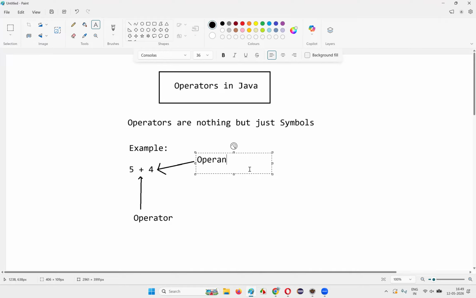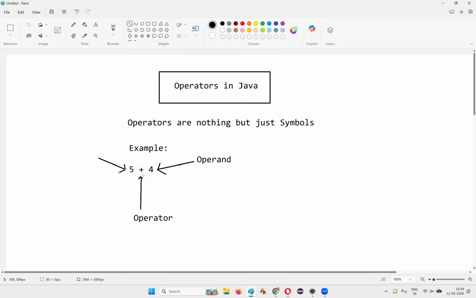Terminology wise, 4 is an operand, and 5 is also an operand, and plus is an operator symbol. So operators in any programming language are nothing but symbols, and in Java, plus is the symbol for the addition operator.